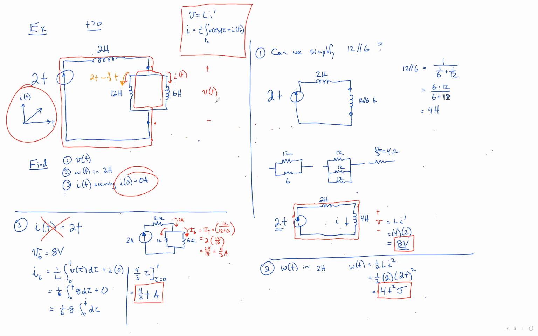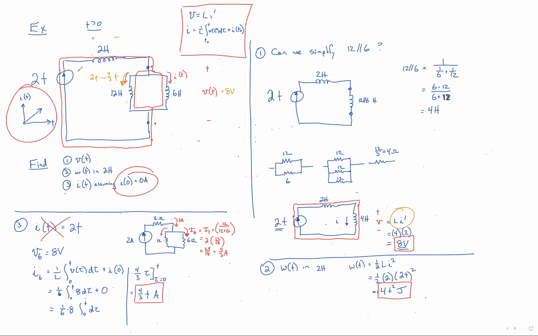You found the voltage across this part. You said it's 8 volts. You could do the same thing to find the voltage across this thing. It's L times the derivative of I. And you could find the voltage across here. And now you found the voltage across everything and the current through everything.